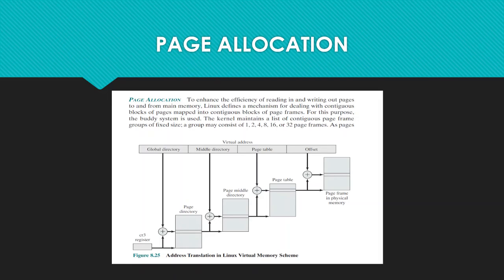Then if it needs to go to the middle directory, it goes via the middle directory. If it wants to go to the page table, it connects via the page table. And if it wants to come to the main physical memory of the page frame, it comes via the offset. So the figure is the address translation in the Linux virtual memory scheme.